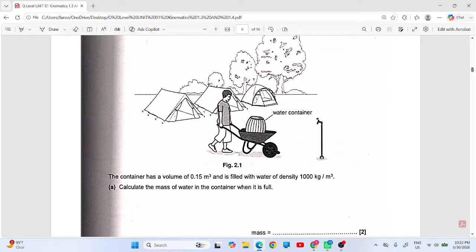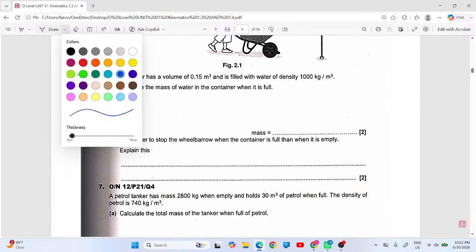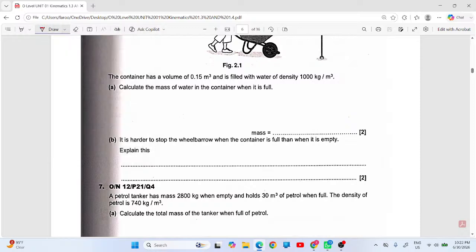What have you done? Density equals mass over volume. So here we have density equals mass over volume. We have to find out the value of mass.